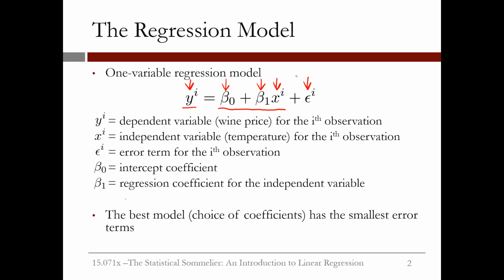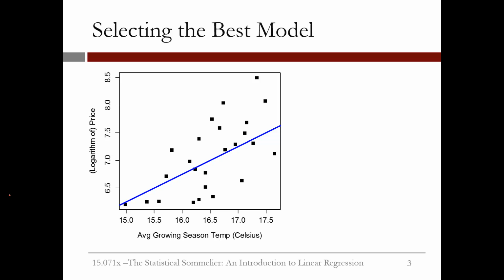This figure shows the blue line that we drew in the beginning. We can compute the residuals, or errors, of this line for each data point. For example, for this point, the actual value is about 6.2. Using our regression model, we predict about 6.5.